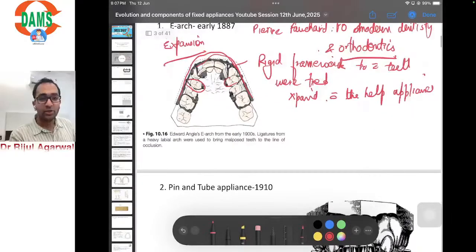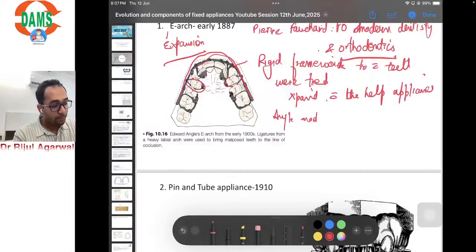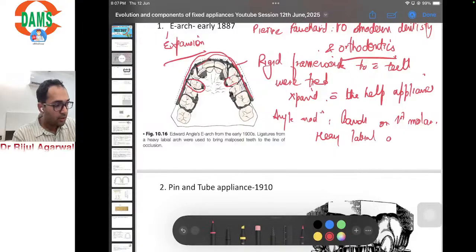So what modification did Angle do to it? Angle's modification: first of all, he placed bands on the first molar. Second, there was the introduction of a heavy labial arch wire around the teeth.